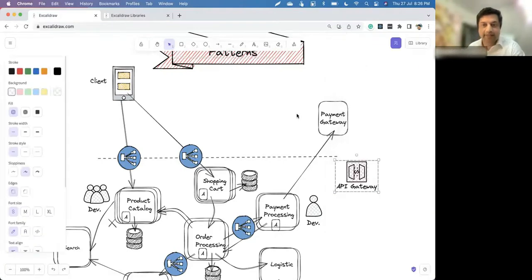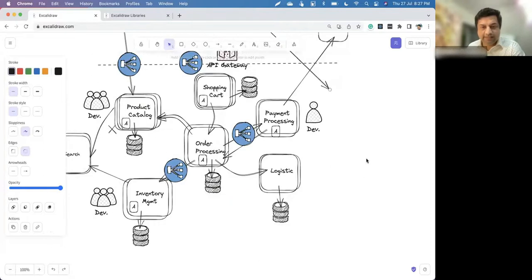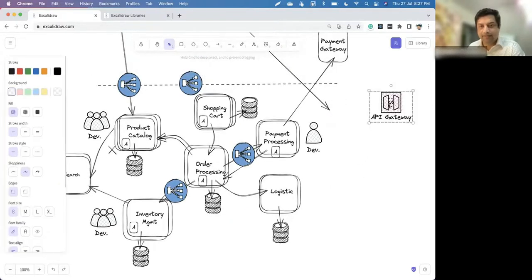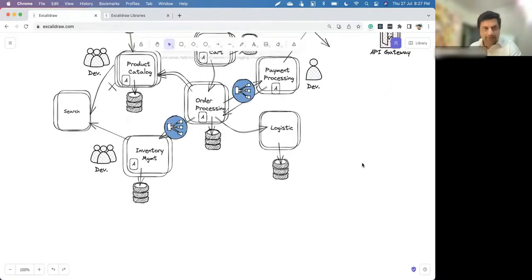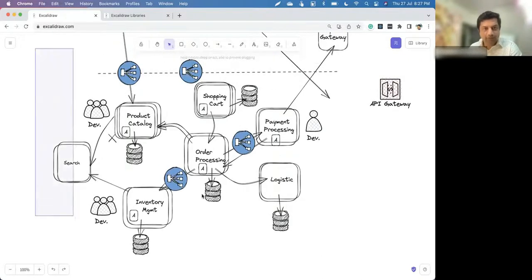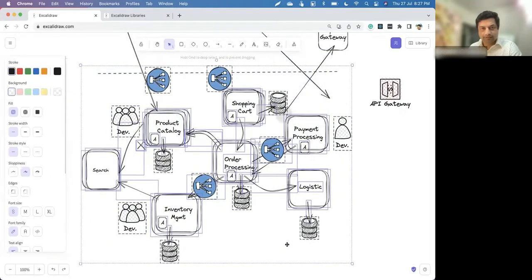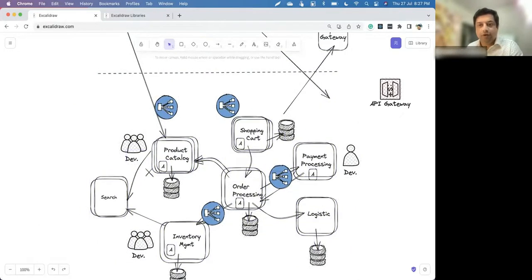Yes, this is the API gateway. That would be a good way to architect our system. Let me move things a little bit so that we can place everything properly. So what we will do is add an API gateway.